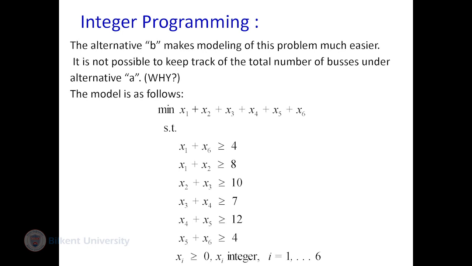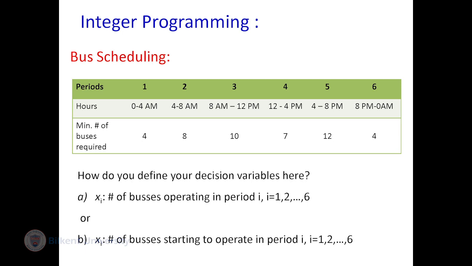Good. Now, the first constraint, x1 plus x6, let's go back. Now, the buses working in period 1 are the ones that started now, or the ones that started the last period of yesterday. So x1 plus x6 should be at least 4. That is for my period 1.